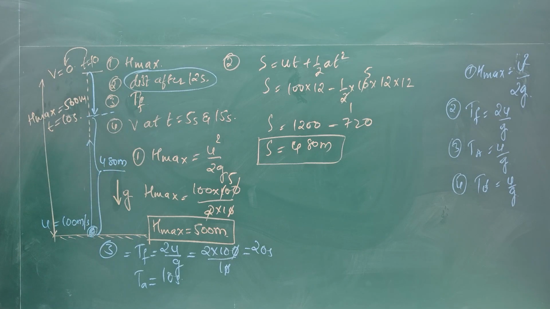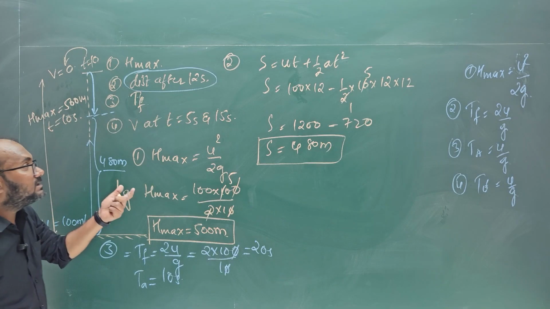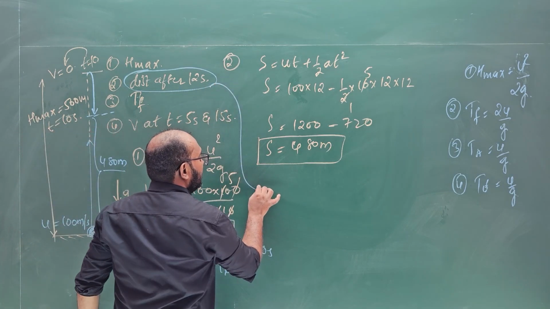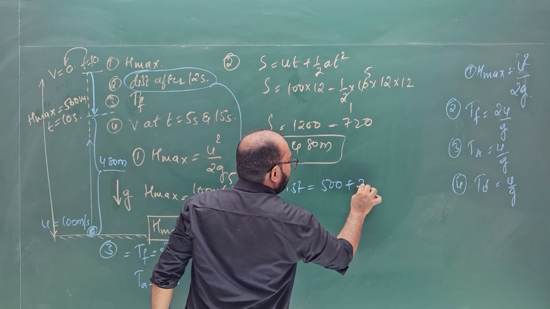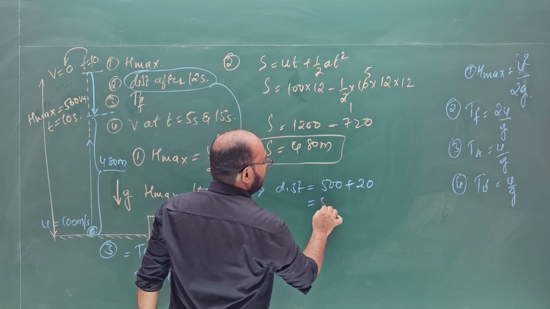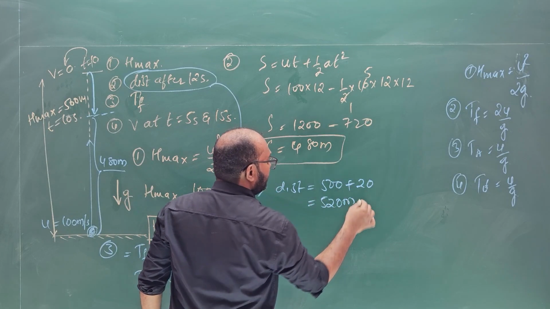That answer is correct for displacement. But for the distance, from here to here is 500, and from here to here 480. That means from here to here is how much? 20. So what should the distance traveled answer be? Distance traveled should be 500 plus 20, and that is nothing but 520 meters.